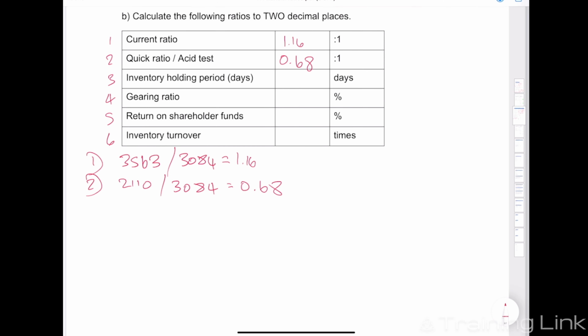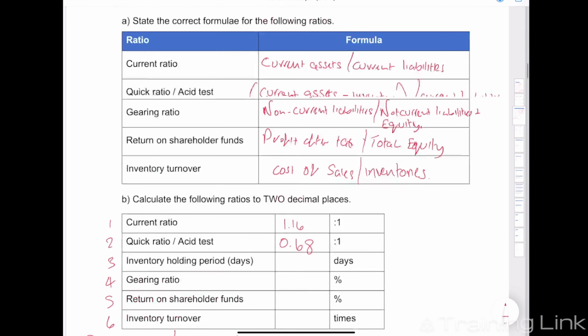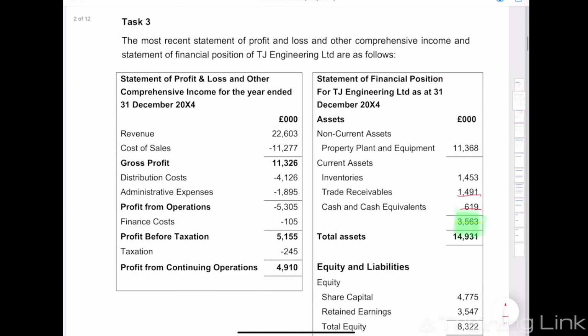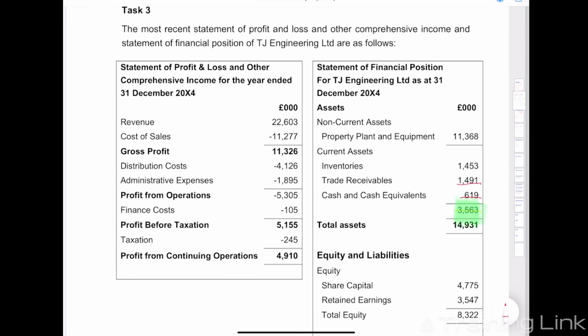Right, on to the inventory holding period then. We've said this is inventory over cost of sales times 365. So we want to take our inventories figure up here, and then divide it by our cost of sales figure over here, and then multiply it by 365.